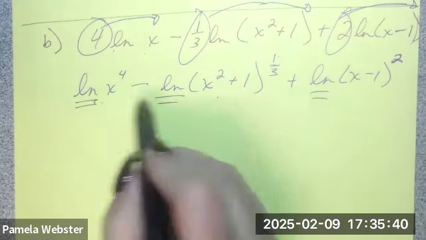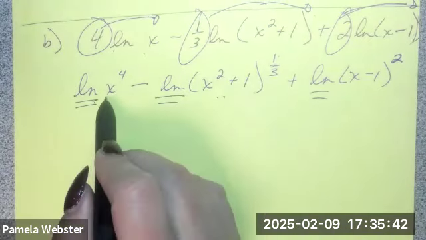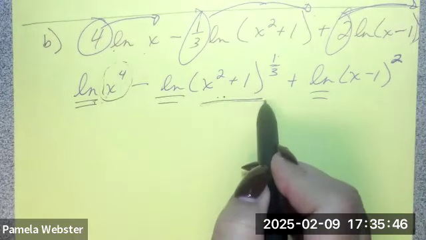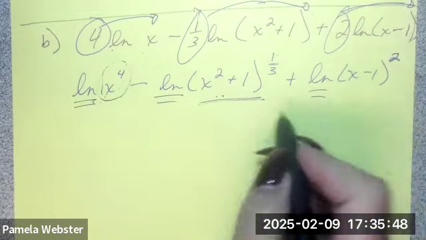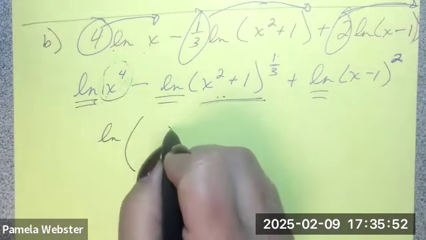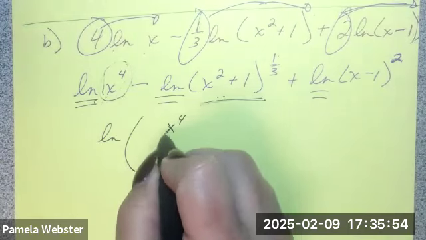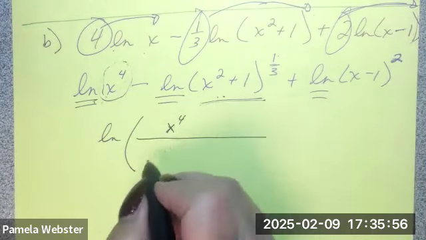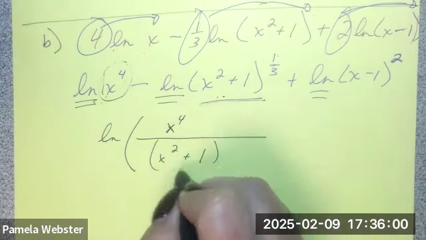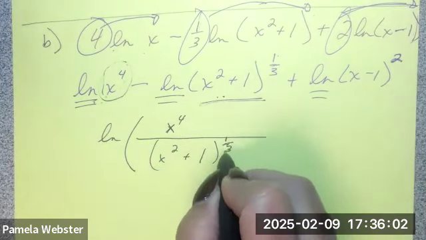Here I've got subtraction, and we know that the first guy goes on top and the second guy goes on bottom. So again, this is one big logarithm, so ln of the stuff. And on top, I've got an x to the first. On the bottom, I've got x squared plus 1 raised to the 1/3.